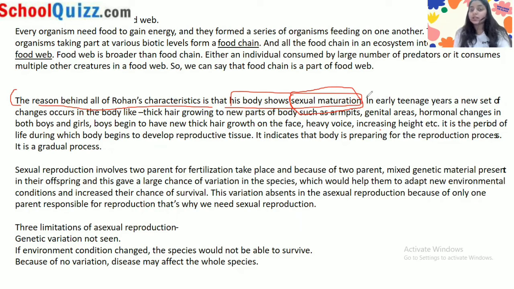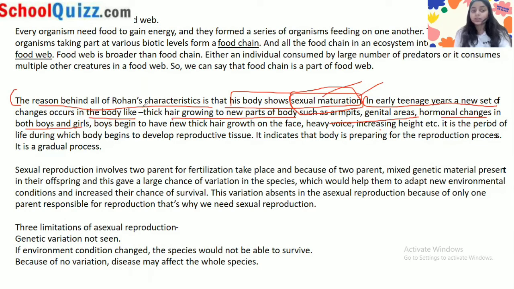Now you have to tell them what sexual maturation is and why it is happening in Rohan's body, and how all those characteristics can be related to sexual maturation. Like in the early teenage years, a new set of changes occurs in our body, like thick hair growing on new parts of the body such as the armpit and genital areas, and hormonal changes in both boys and girls.